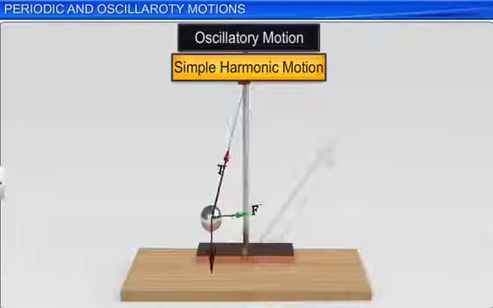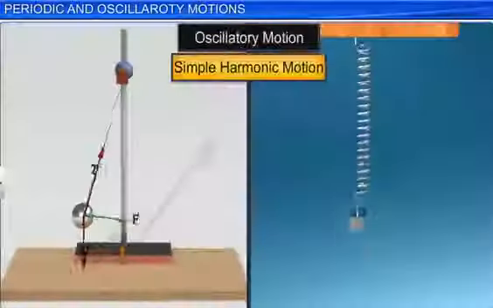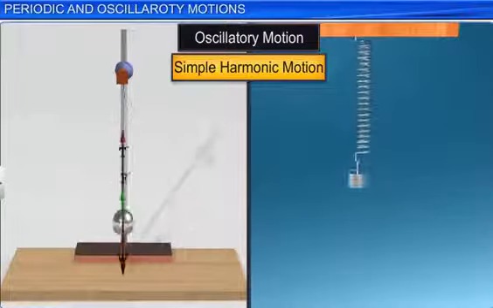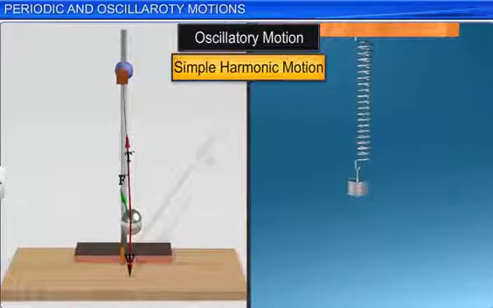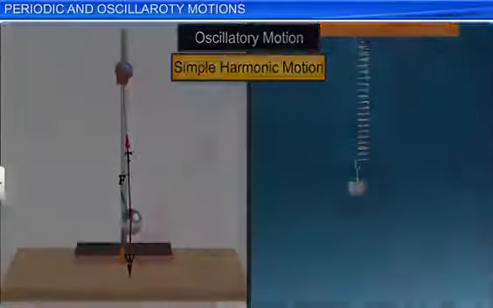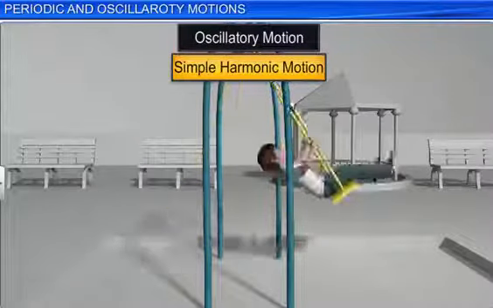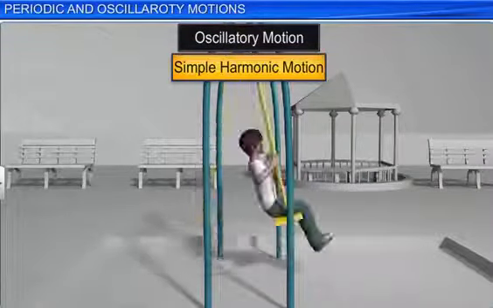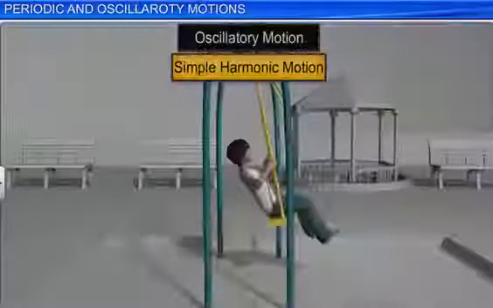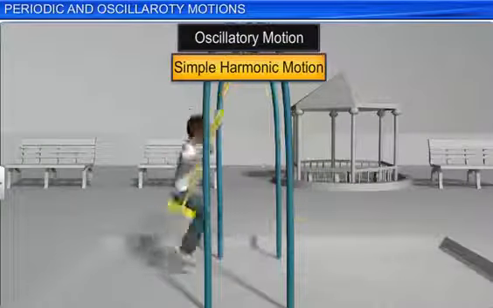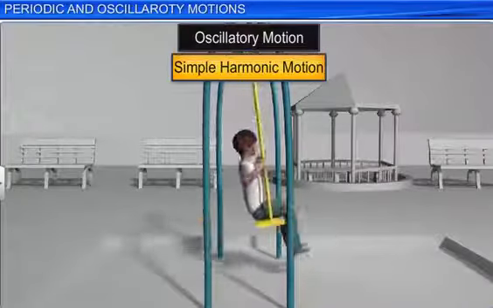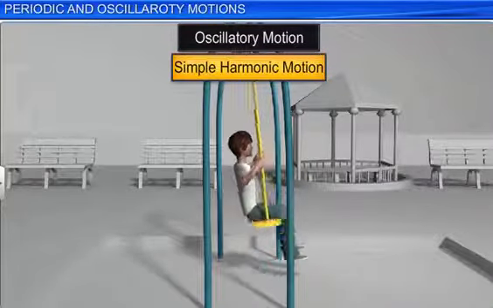Thus, the simple pendulum and the spring with vertical oscillations are executing simple harmonic oscillations. The oscillation of a boy on a swing is an example of simple harmonic motion. In practice, oscillating bodies come to rest at their rest position due to external forces which oppose the motion, called damping forces.